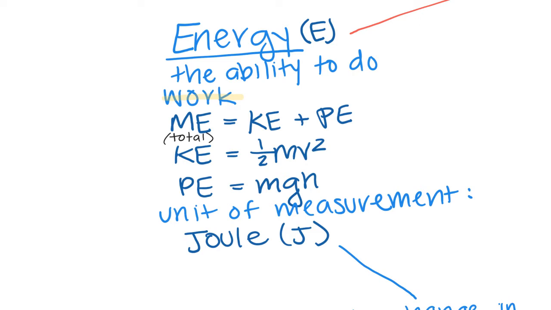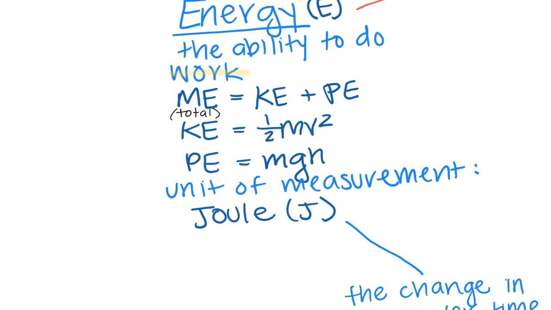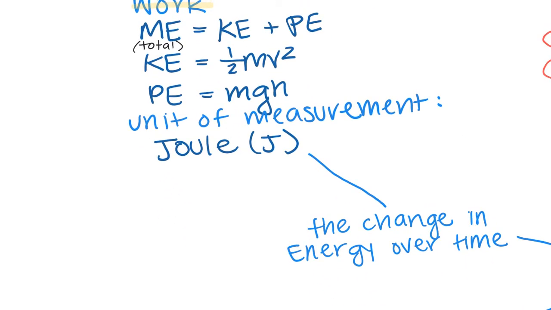And we also know that the unit of measurement for energy is the joule. So I'm going to scroll down here because the joule is going to be important for our topic today.